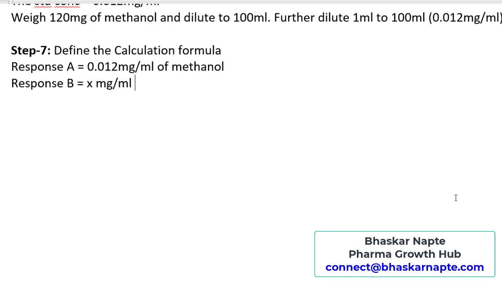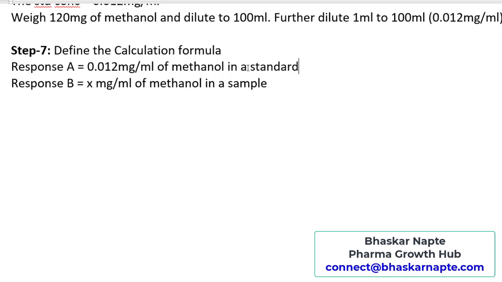X milligram per ml of methanol in a sample, right? And 0.012 milligram per ml of methanol in the standard. I hope you are clear on these two equations. They are very important, because with the help of these two equations, I am going to explain the entire calculation formula. Let me explain one more time.